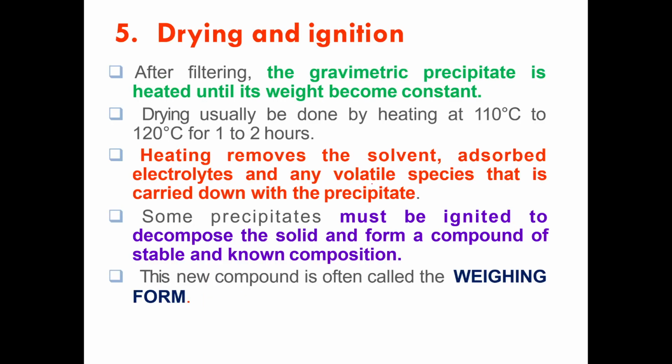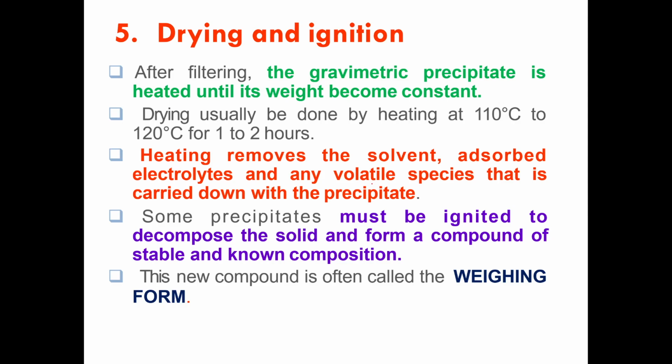For drying and ignition, after filtering, the gravimetric precipitate is heated until its weight becomes constant. Drying is usually done by heating at 110 to 120 degrees for 1 to 2 hours, and sometimes we need to leave the precipitate inside the oven for a day or overnight. Heating removes the solvent, absorbed electrolyte, and any volatile species carried down with the precipitate.